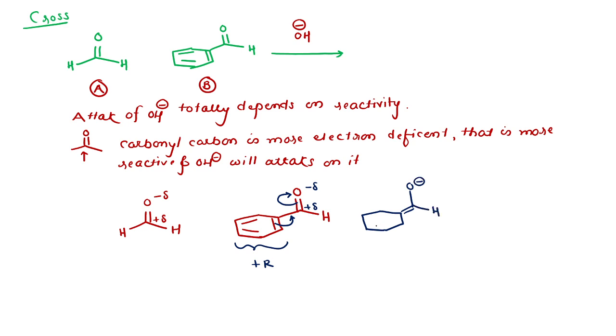And here the carbonyl deficiency will decrease. Out of these, this is aliphatic and this is aromatic aldehyde.